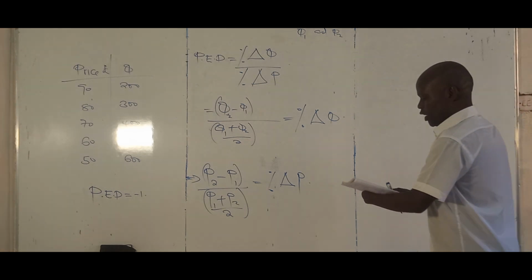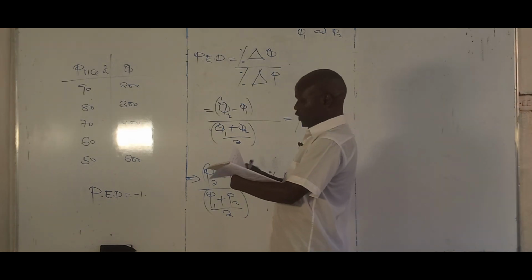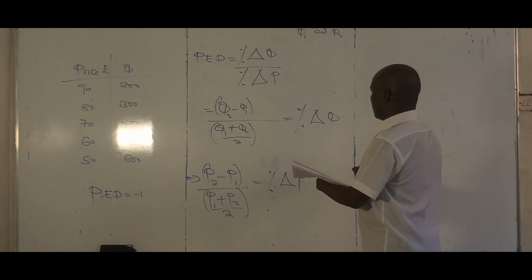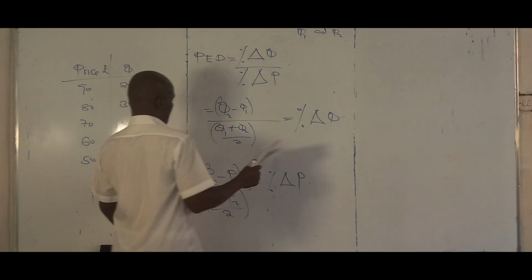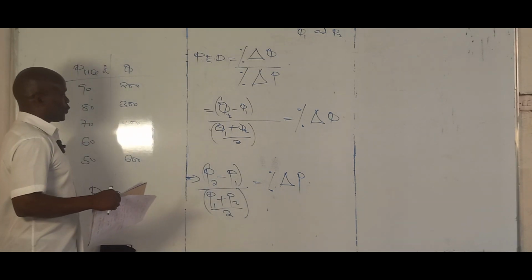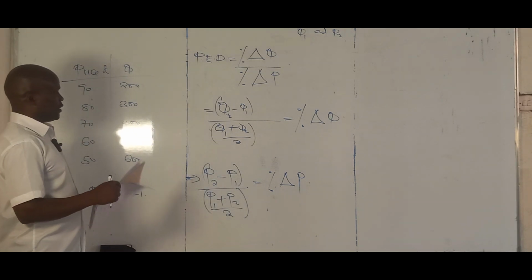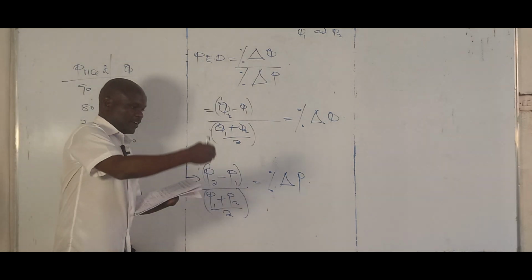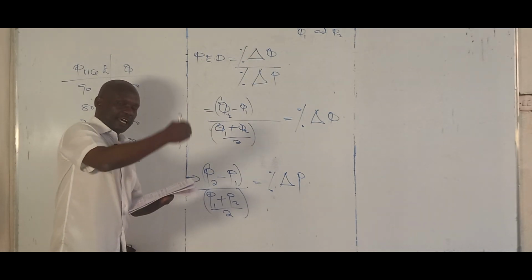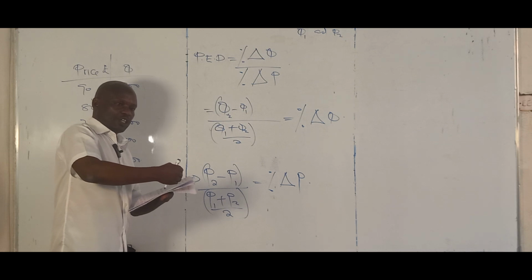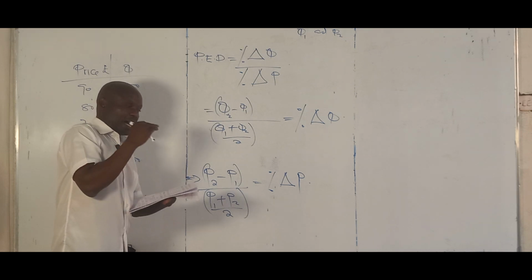The first scenario we are given is, let's call this the arc elasticity formula. We refer to it as the arc elasticity formula because if you draw the curve, those differences will be points along that particular curve, in which case they'll be forming arcs.